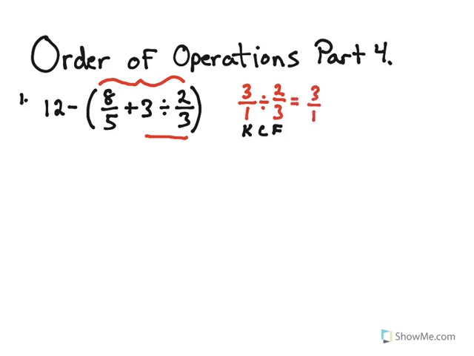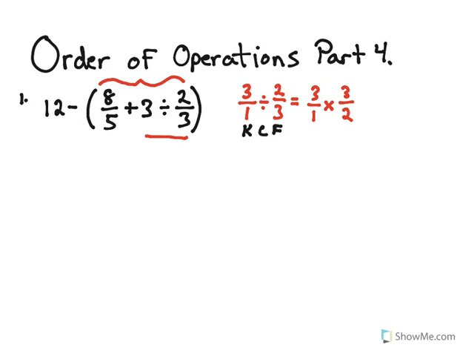We keep the first fraction the same. I'm going to write the 1 under the 3, so you know that it's there. We keep the first fraction, 3/1, change the division to multiplication, and then do the reciprocal of the second fraction, or flip it.